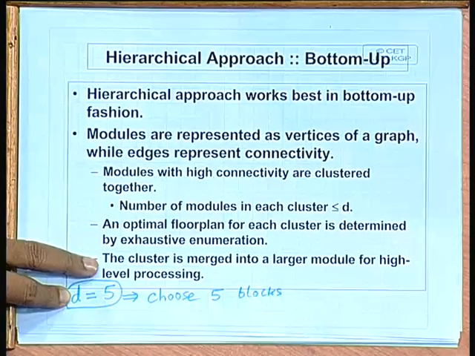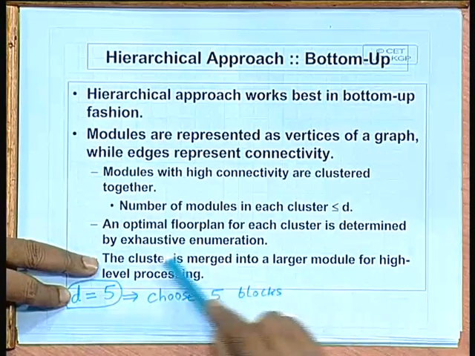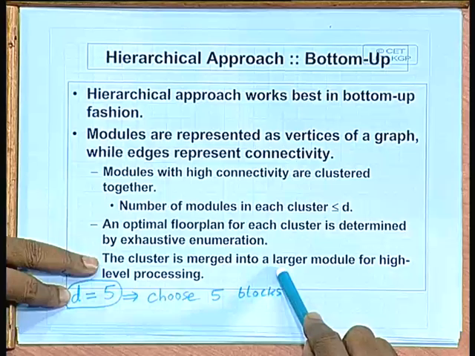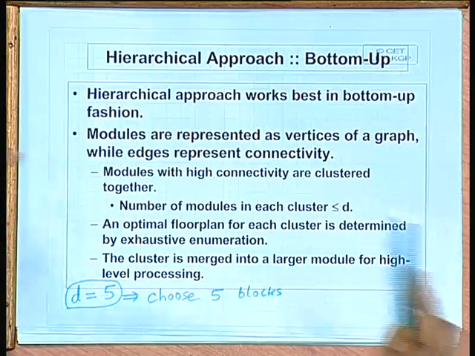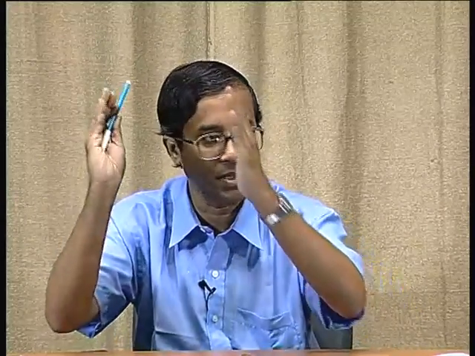Then at the next higher level of processing, the clusters are merged into a larger module. Moreover, the floor plan you have obtained, that rectangle is kept intact. So, that entire rectangle will be placed somewhere at the next higher level of processing. So, from the leaf you successively go up by putting the modules together.